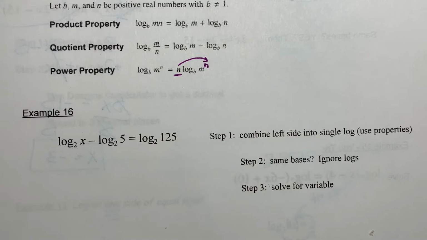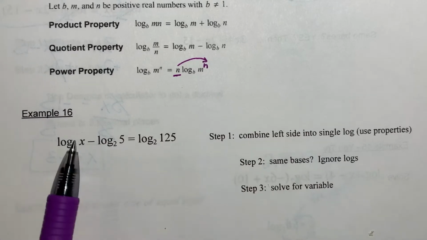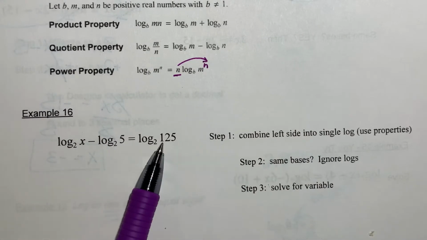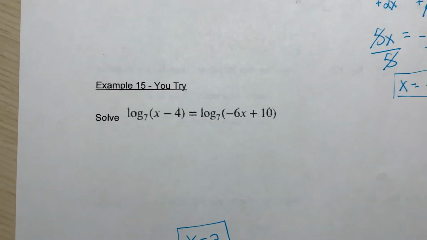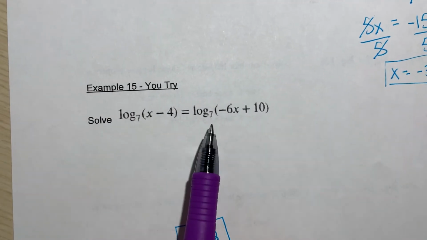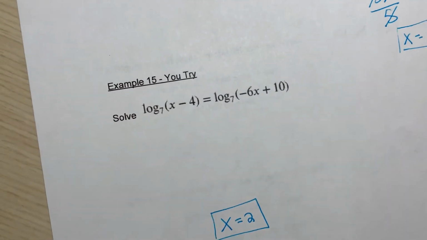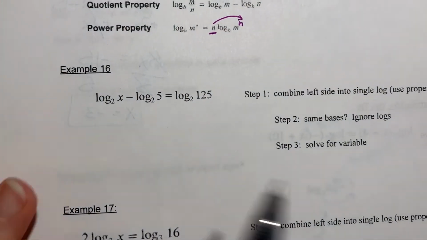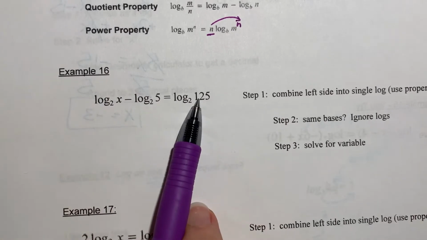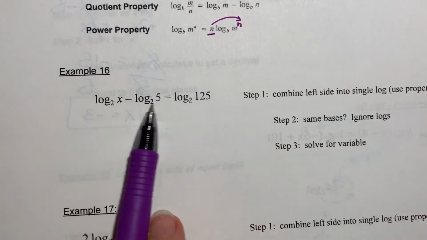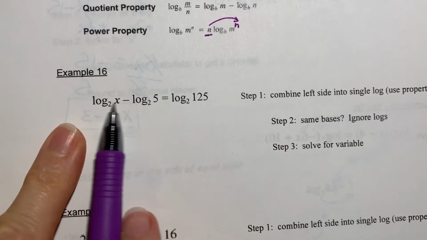So that's these problems. If you look at this, I need to solve. It does not look like the ones we had on the previous page, where we just had a single log on both sides of the equal sign. In this example, we have two logs subtracted, and then a single log on the other side of the equal sign. So what we want is a single log on this side.